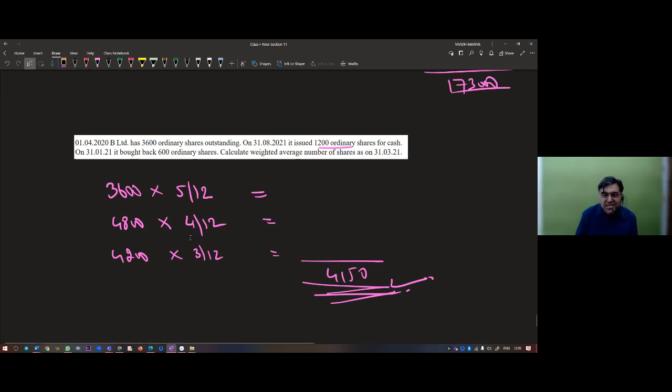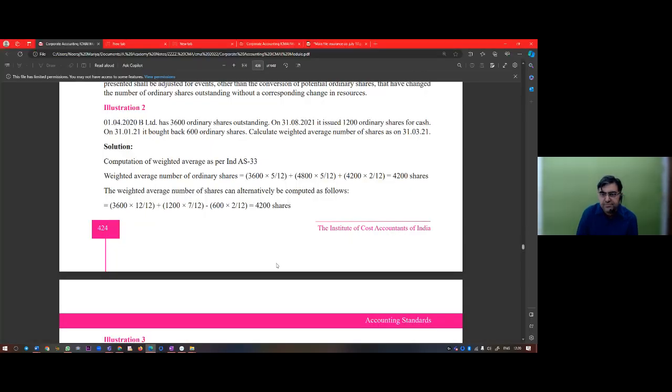Let's check the logic. There are so many errors. This is 21. This is 22. 3,600, then 1,200, then 600. Let's do it in this manner as well.